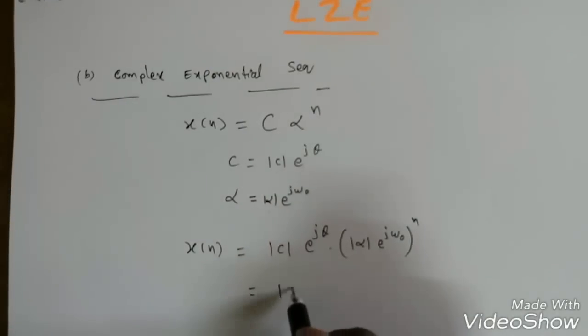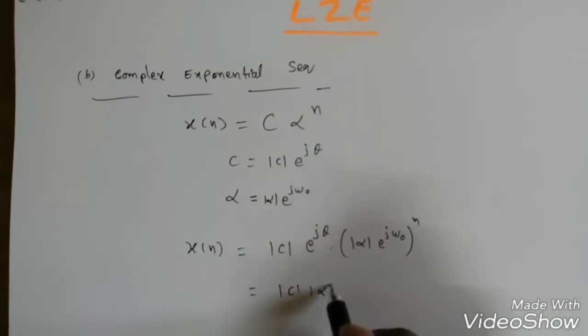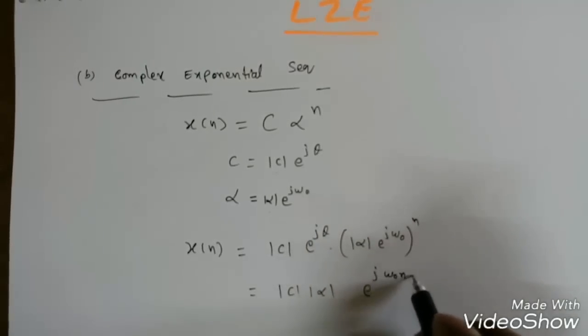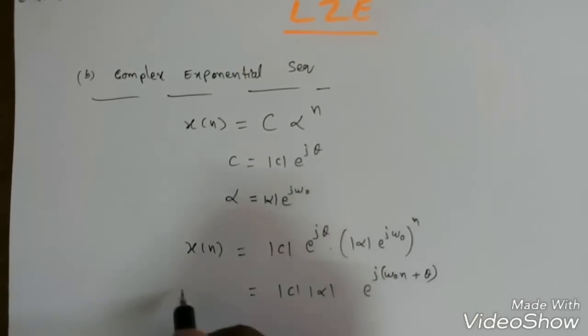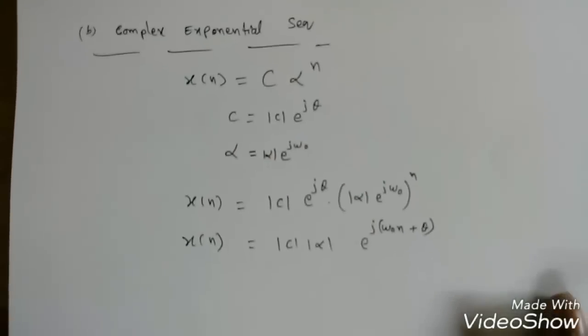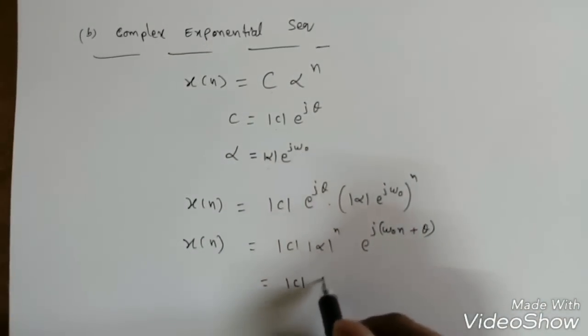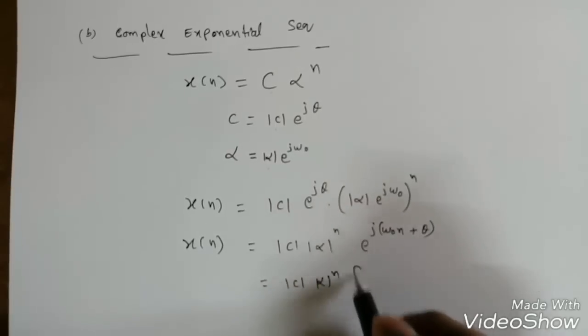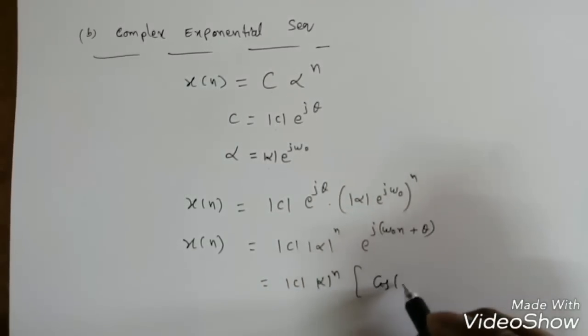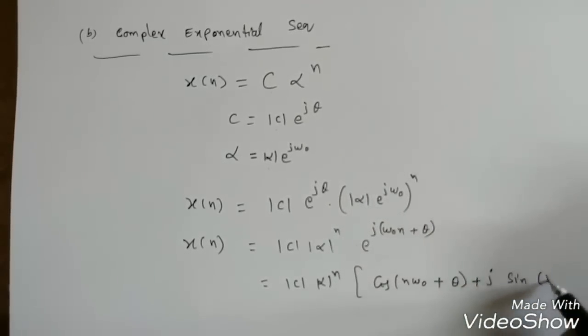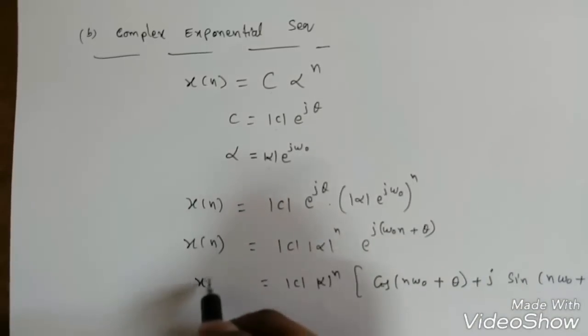So it will become mod c mod alpha power n and e power j omega naught n plus theta. This is the complex exponential. By Euler's relation, it will become mod alpha power n cos of omega naught n plus theta plus j sin of omega naught n plus theta. This is x of n.